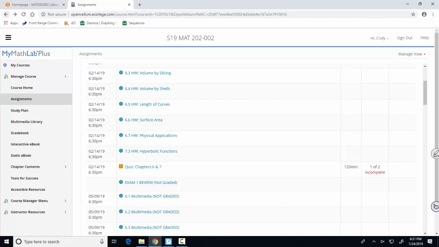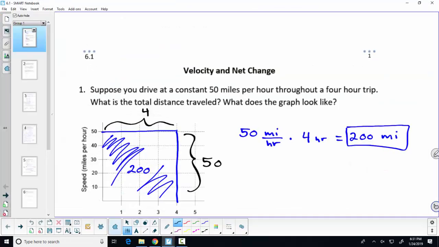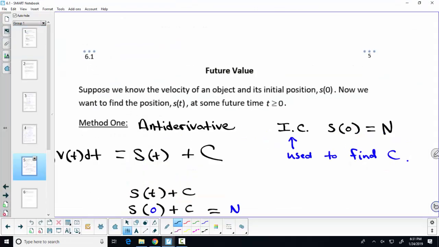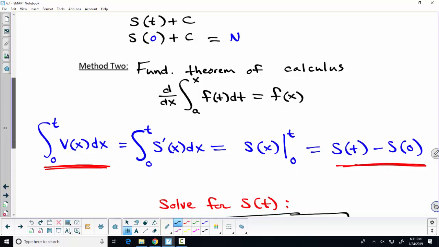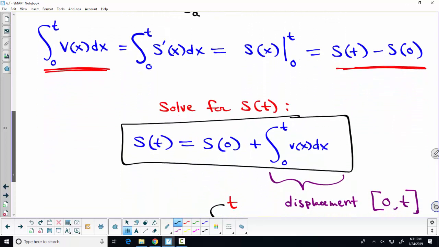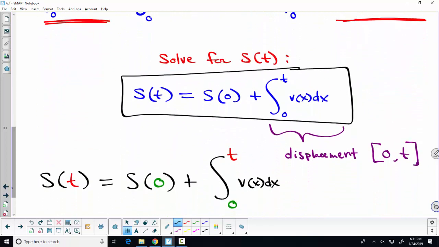Did y'all have any questions on the homework at this point? I know we haven't gotten too far. I have one for method 2. I think I wrote this down wrong. But the position at time t is equal to the position at time 0 plus the... oh, you got it right there. Is it v prime of x, or is it just v?